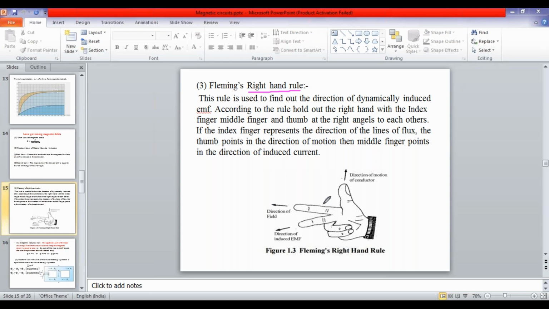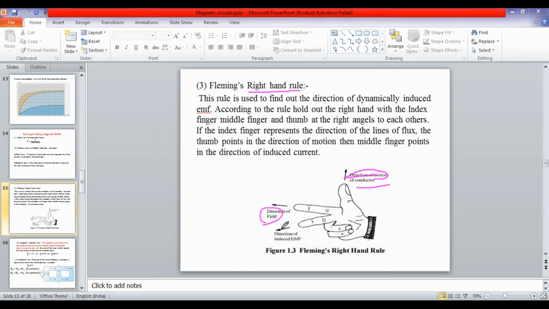Okay, to come back here, so that it is the Fleming's right hand rule. So here, we can stretch out the right hand thumb, forefinger, and middle finger, where the thumb should be placed in the direction of motion, and the forefinger should be placed in the direction of the magnetic field.